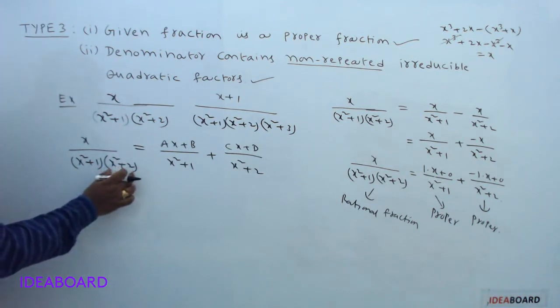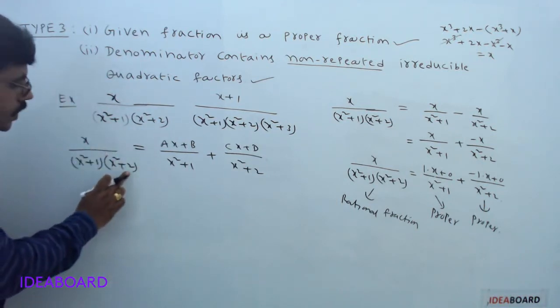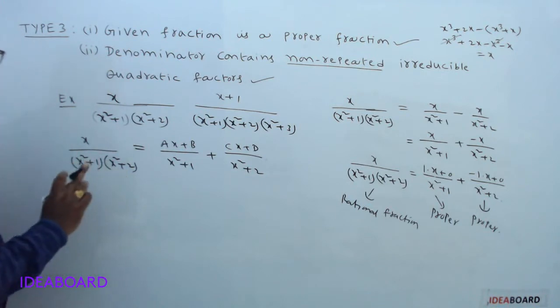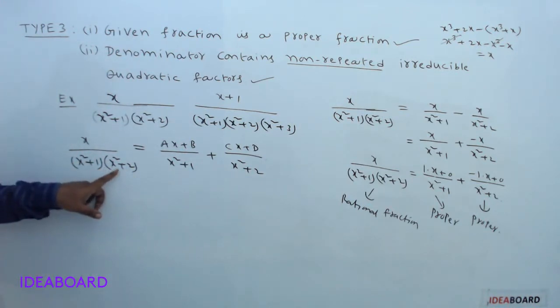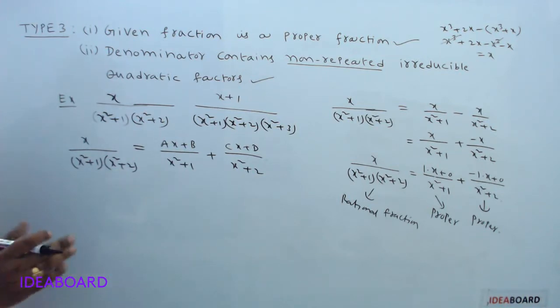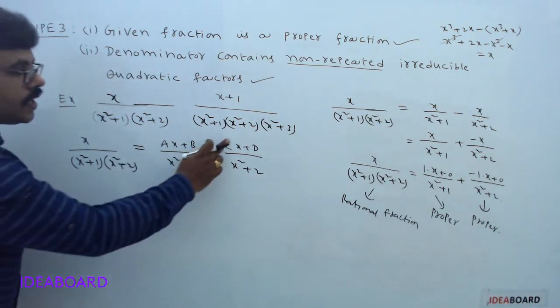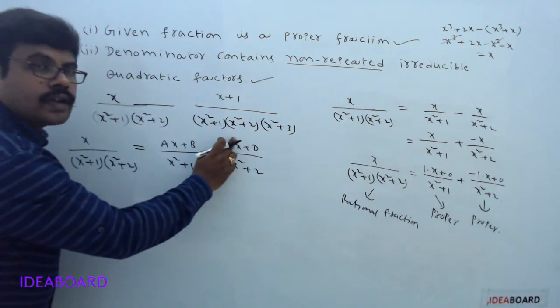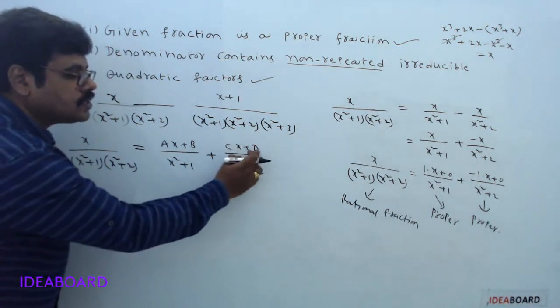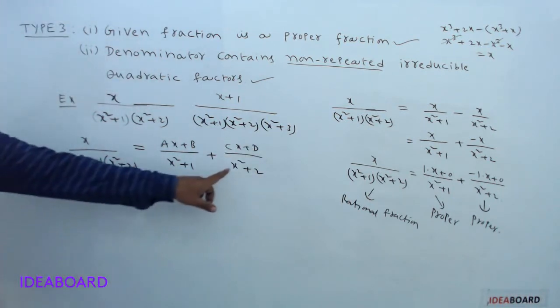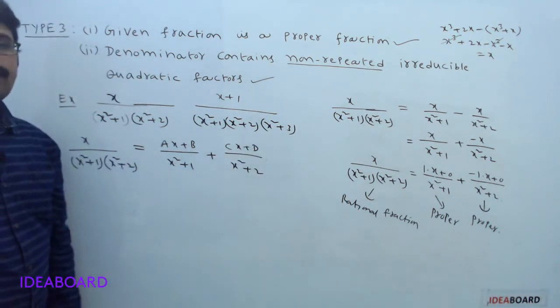X square plus 2 is a non-repeated irreducible quadratic factor. Now, corresponding to this non-repeated irreducible quadratic factor, there exists a linear factor in its numerator. Linear factor can be taken as (cx plus d) divided by x square plus 2.